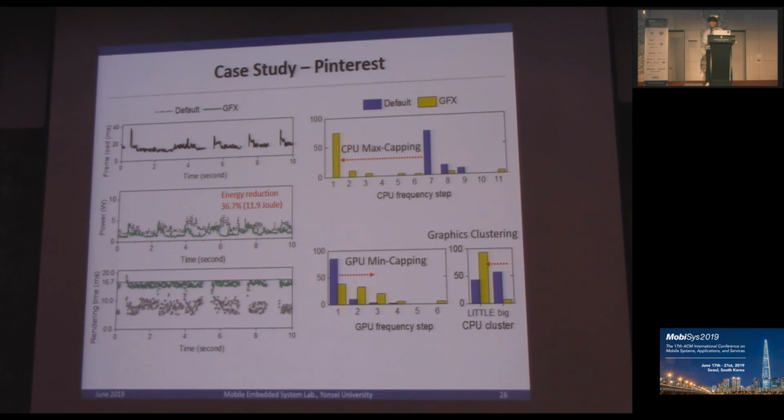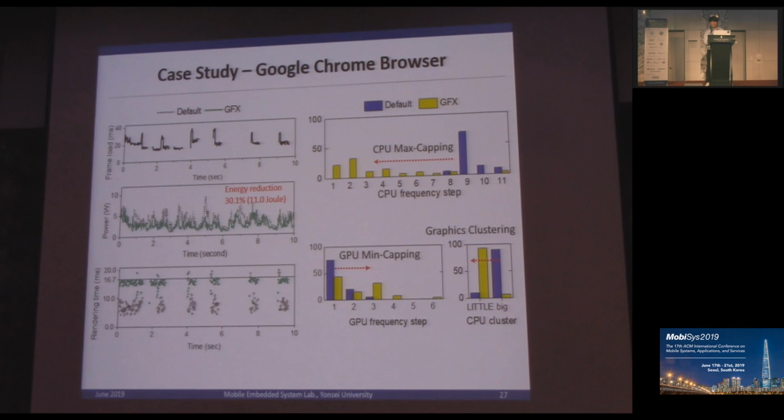And of course, the completion time was also moved closer to the deadline, and the other results are similar to the previous case. And Google Chrome browser has a very dynamic frame load, therefore it has high frame load prediction error, and compared to Pinterest, more frames failed to meet the deadline. But even in this worst case, we can verify that our system can reduce the energy.